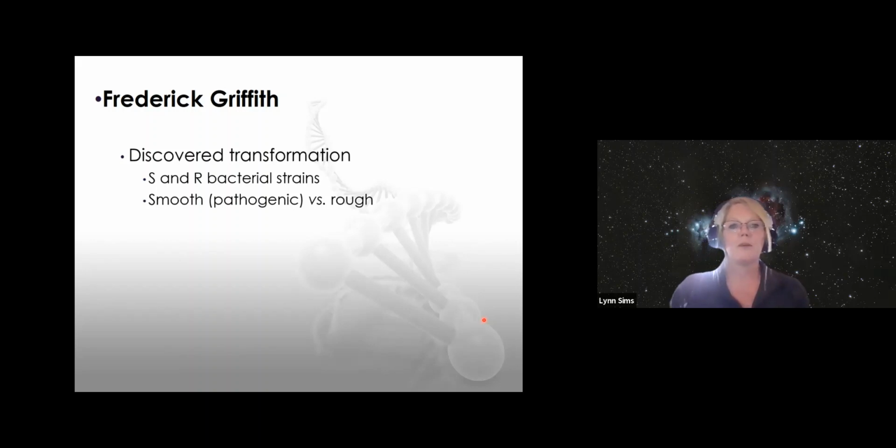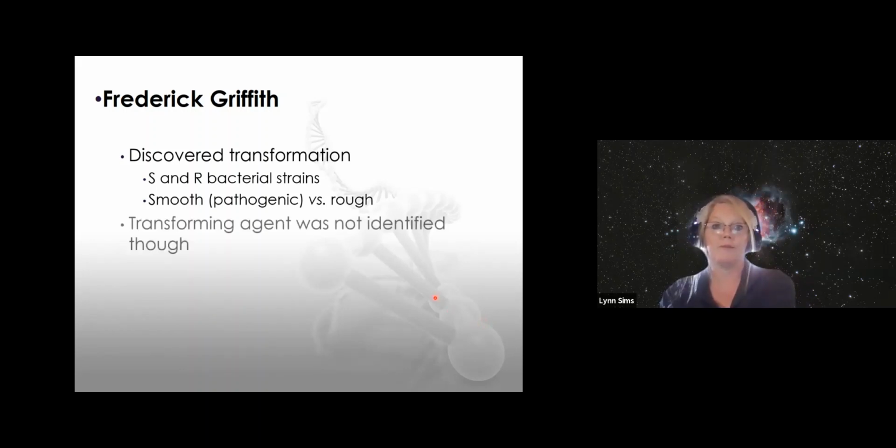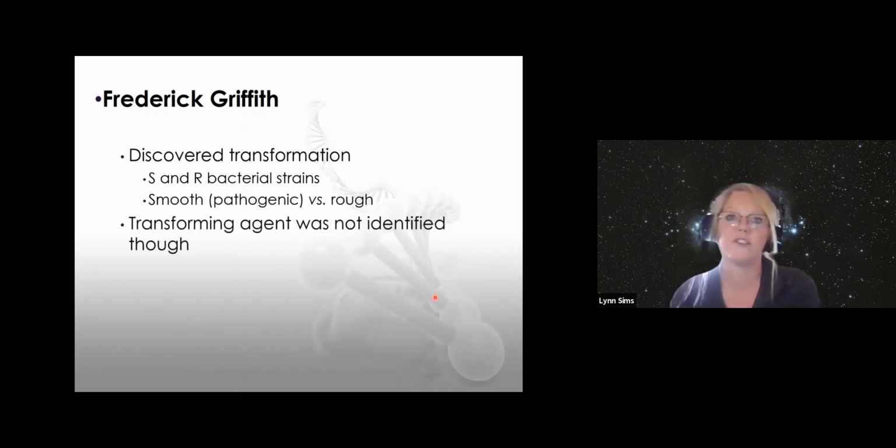He investigated two strains of the same species of bacteria, labeled the S and R strains. S stood for smooth, referring to the outer covering, really a capsule. The other one was rough. The smooth one was pathogenic, which means it causes disease and can be deadly.